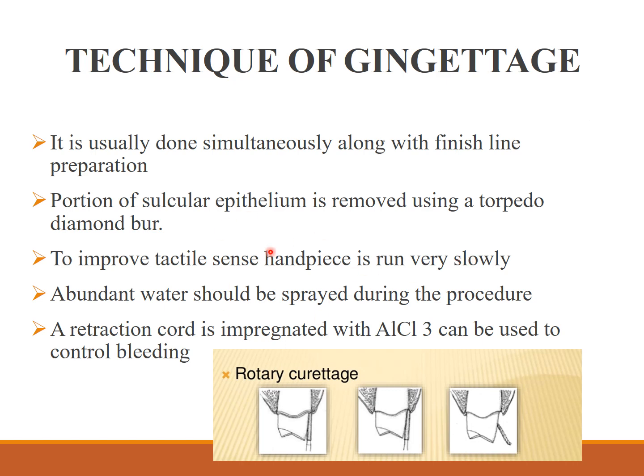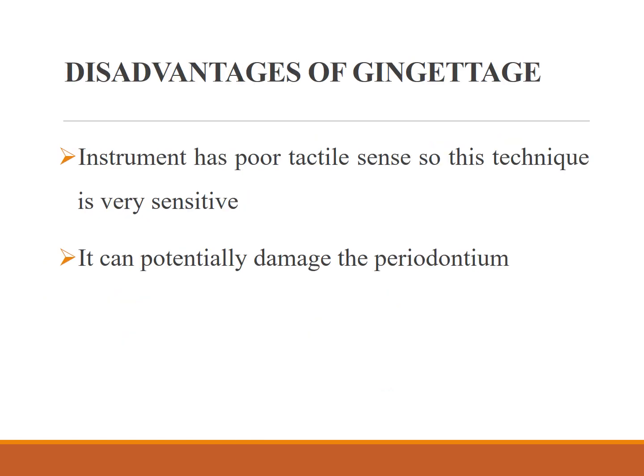Abundant water should be sprayed during the procedure so that no thermal heat is produced in the teeth and we are not harming the pulp if it is a vital tooth. A retraction cord impregnated with aluminum chloride can be used to control the bleeding. A disadvantage is that it has poor tactile sense, so this technique is very sensitive and potentially damaging.